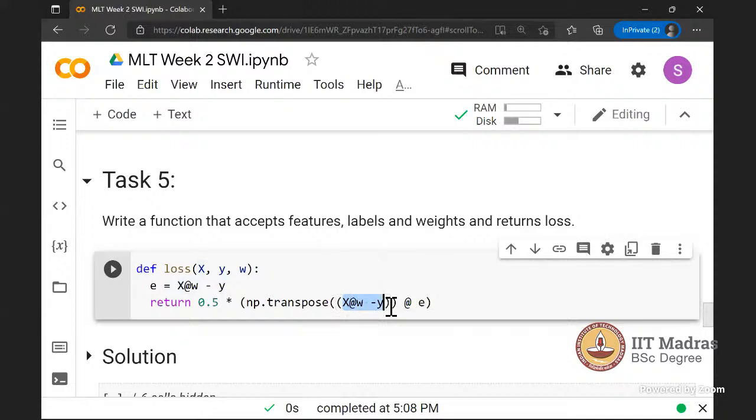So this also becomes C. Can anybody tell me what this is doing?